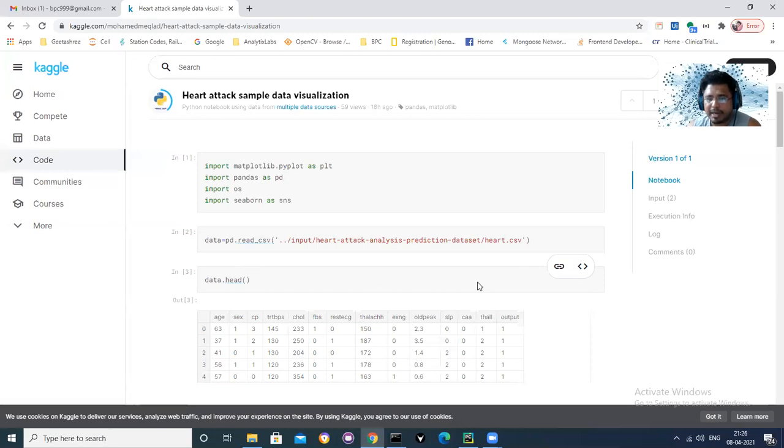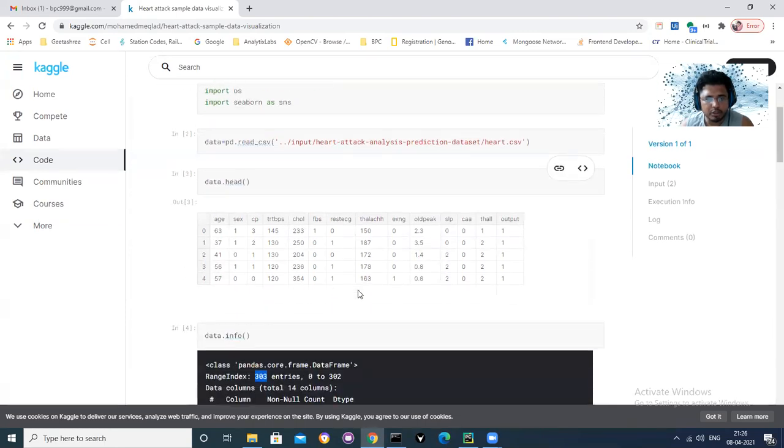That is done by Dask DataFrame. This is one library that I will teach later. Just remember the name, Dask DataFrame, and we will see how to handle big data with the help of it.